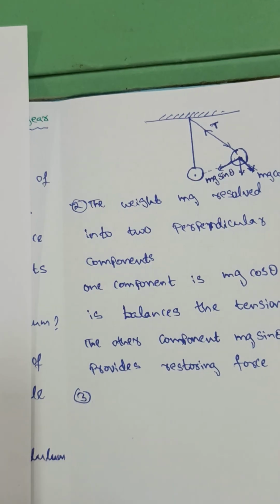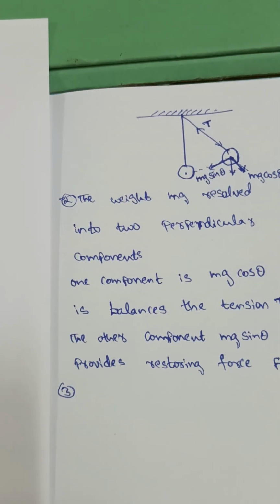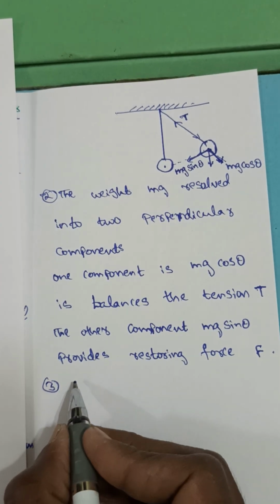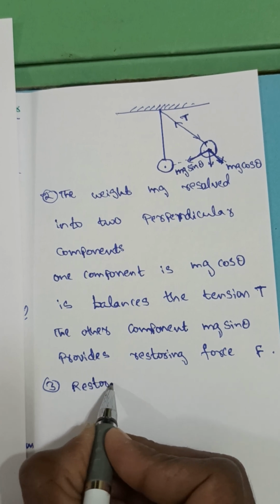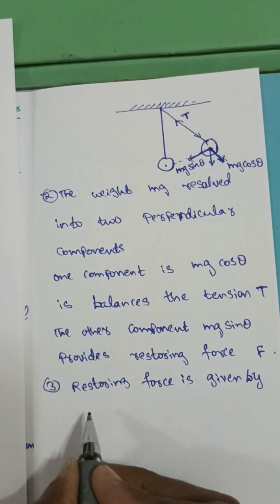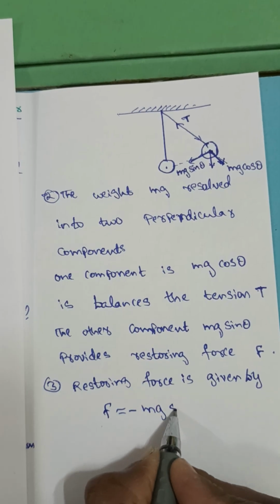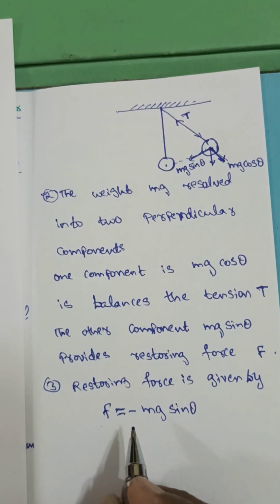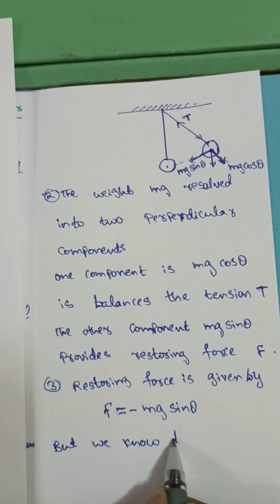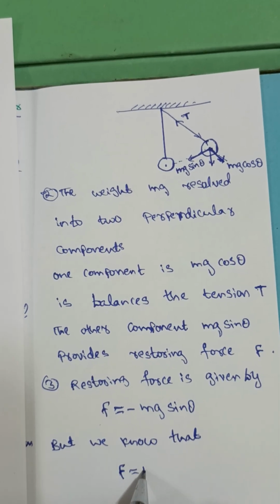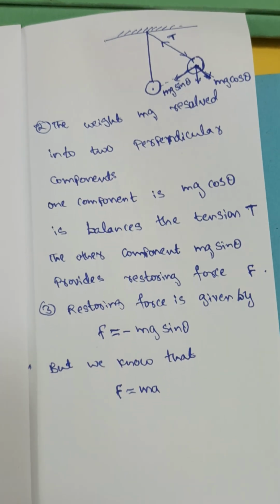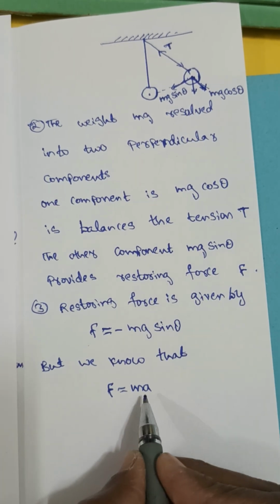Third point, restoring force is given by capital F is equal to minus mg sin theta, but we know that F is equal to ma according to Newton's second law.